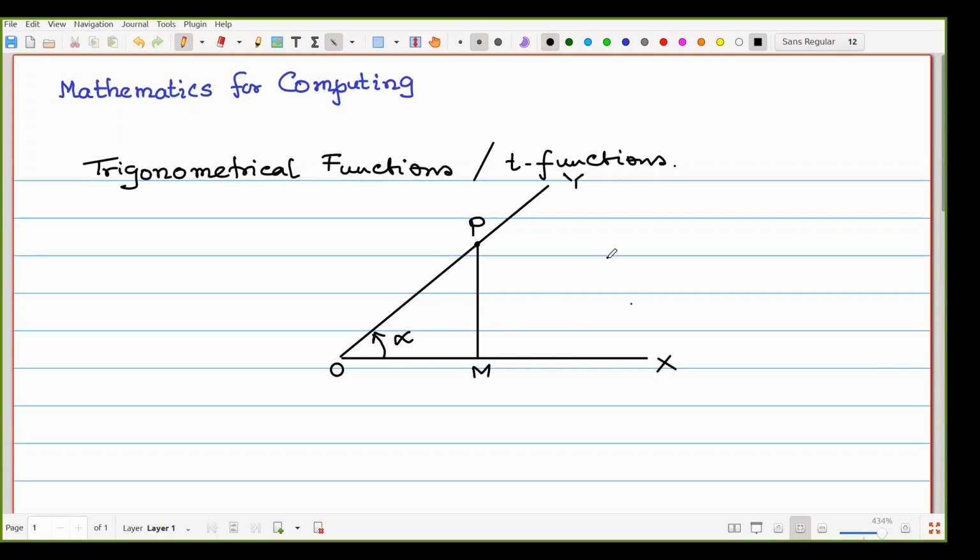So that particular triangle OPM is a right angle triangle.